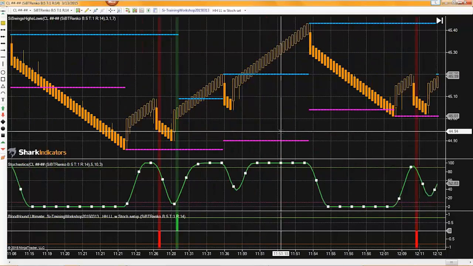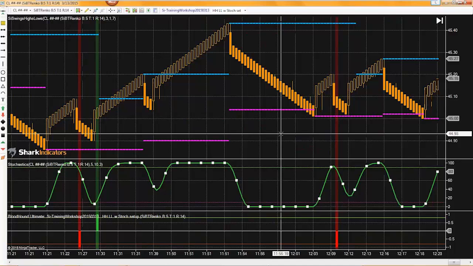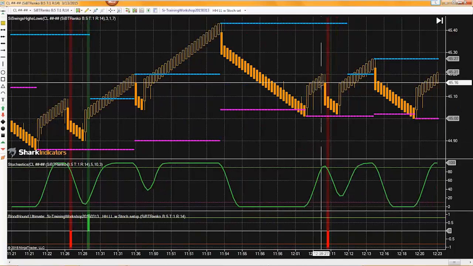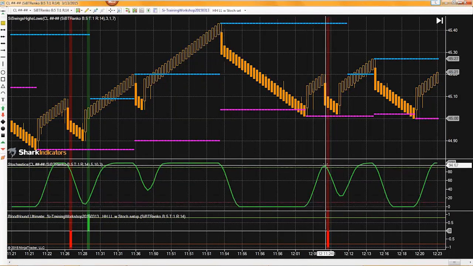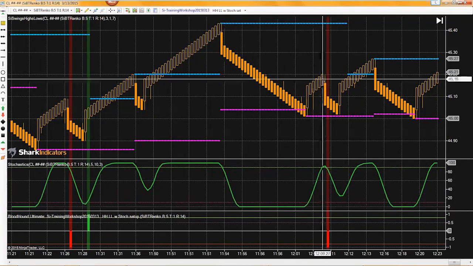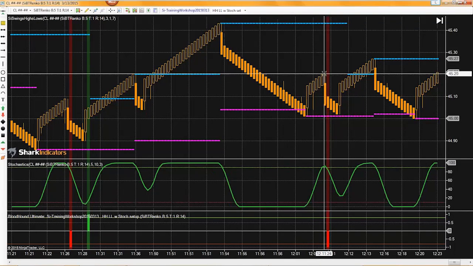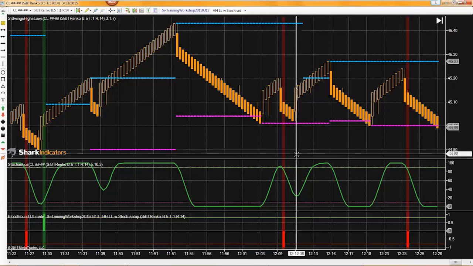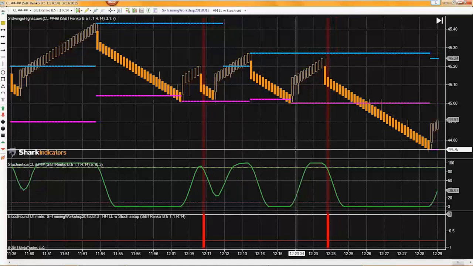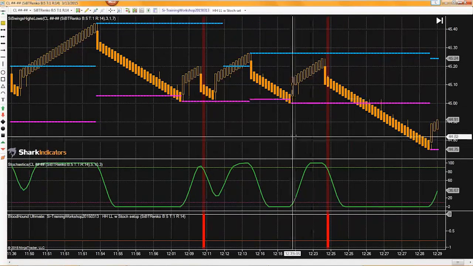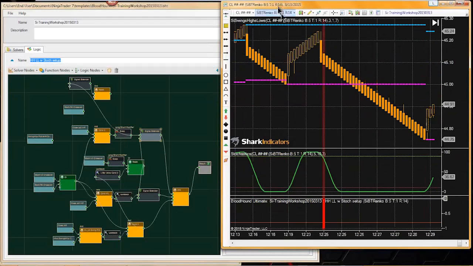All right, looks good. Yep, same with this short. Our stochastics look good, and we made a lower high. All right, looks like another good short. Okay, I think that finally did it.